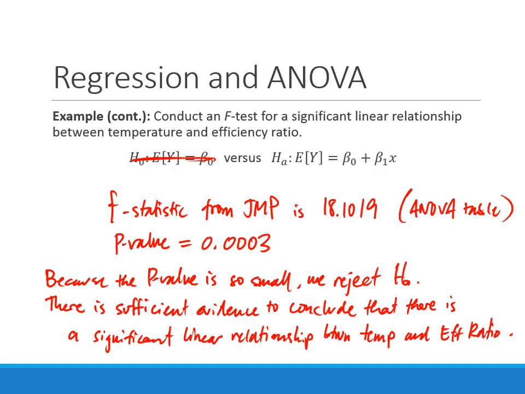So again, rejecting the null hypothesis here in this case means that we have sufficient evidence to conclude that there is a significant linear relationship between these two variables, between temperature and the efficiency ratio.